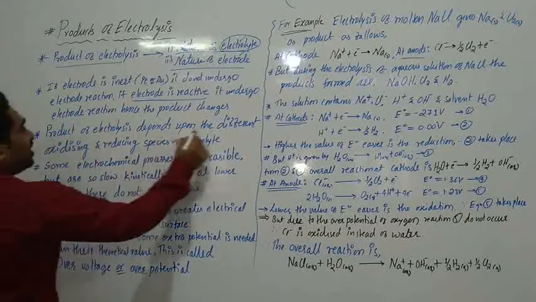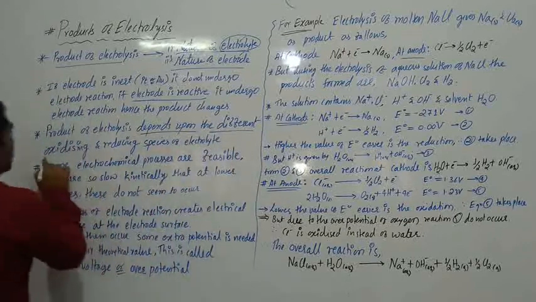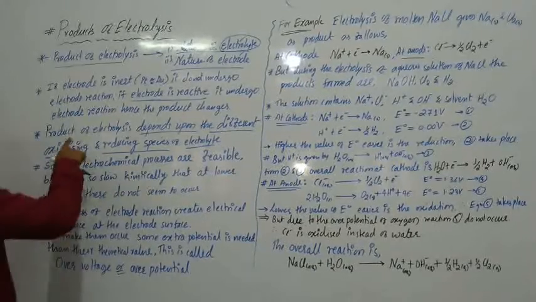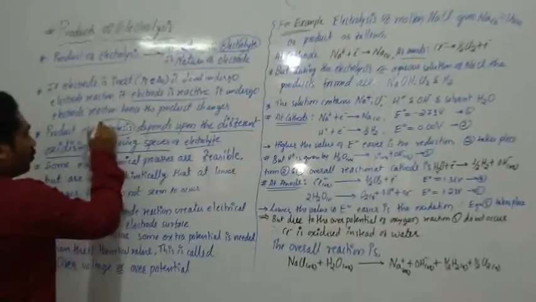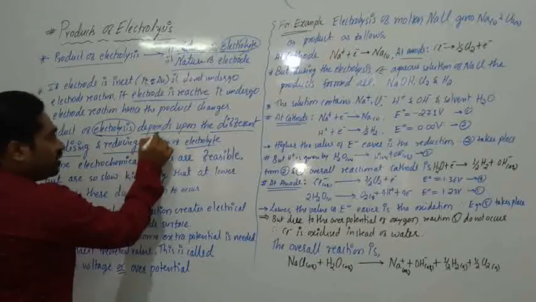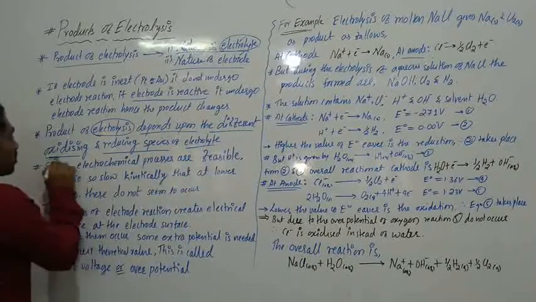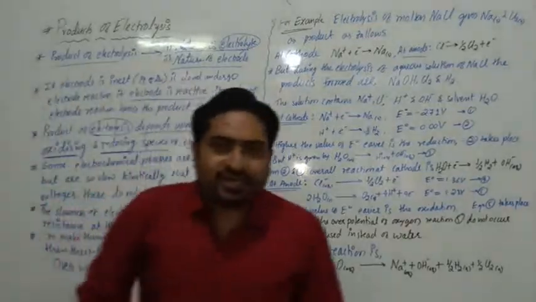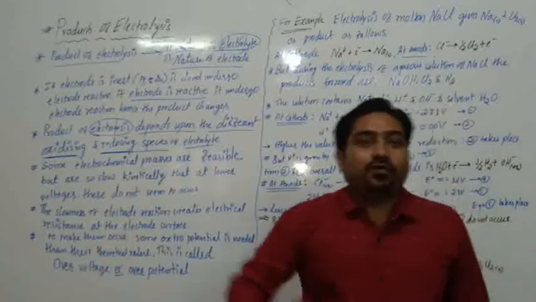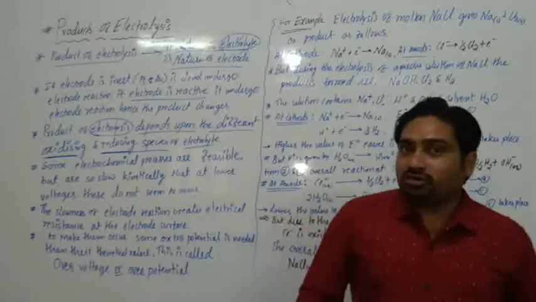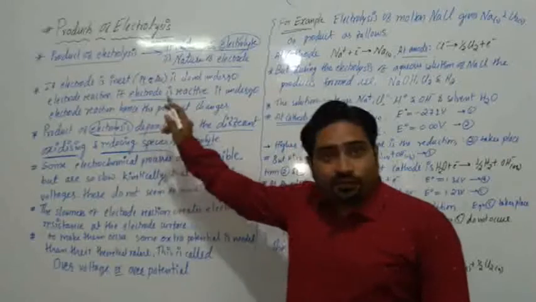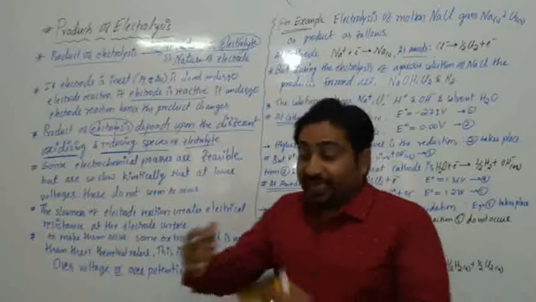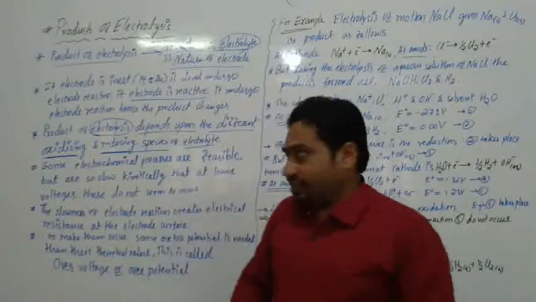The product of electrolysis also depends upon the different oxidizing and reducing species present in the electrolyte. It is also important. If an electrolyte contains more than one type of oxidizing and reducing ions, in such cases the formation of product depends upon those oxidizing and reducing species and the nature of their oxidation and reduction.